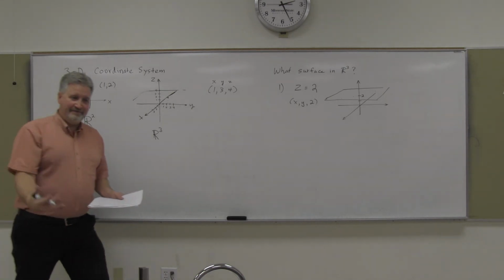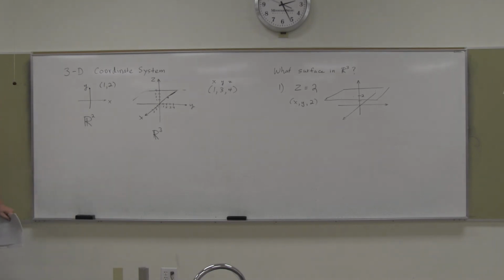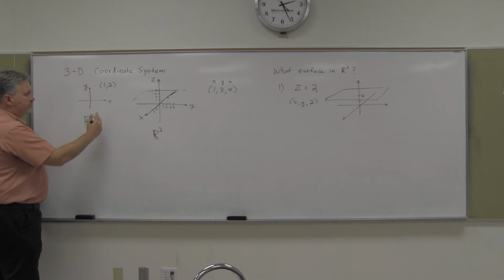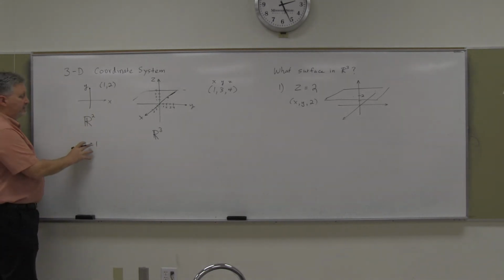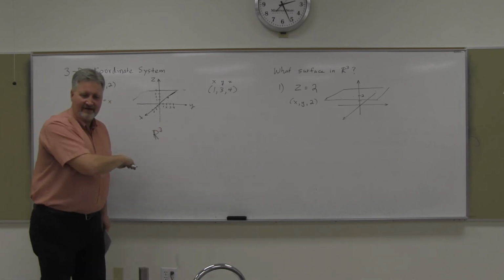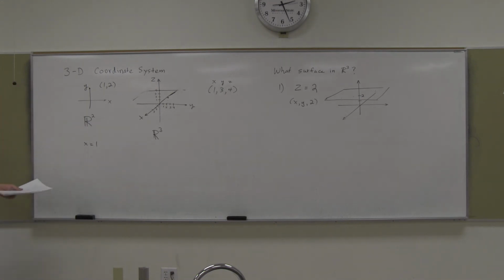Now that's analogous to over here, if I do x equals 1, to make the analogy here, x equals 1, well that would be just a vertical line, because the y can be anything. You see? So when you go to 3 dimensions, a variable equals a number turns into a plane instead of a line, right?